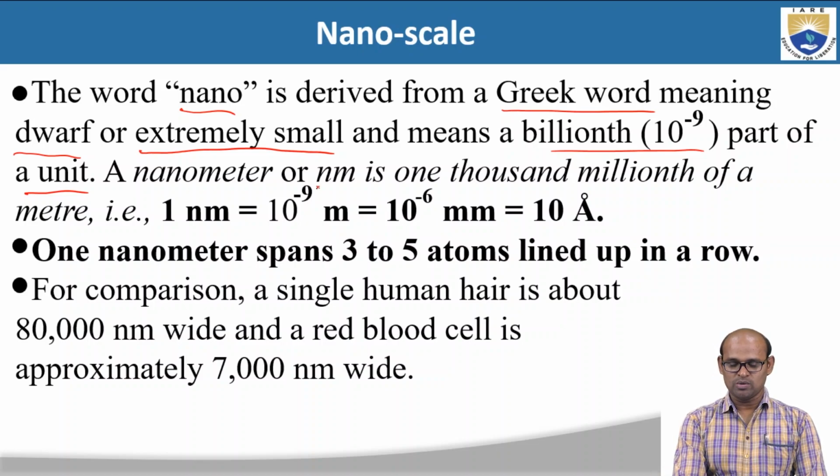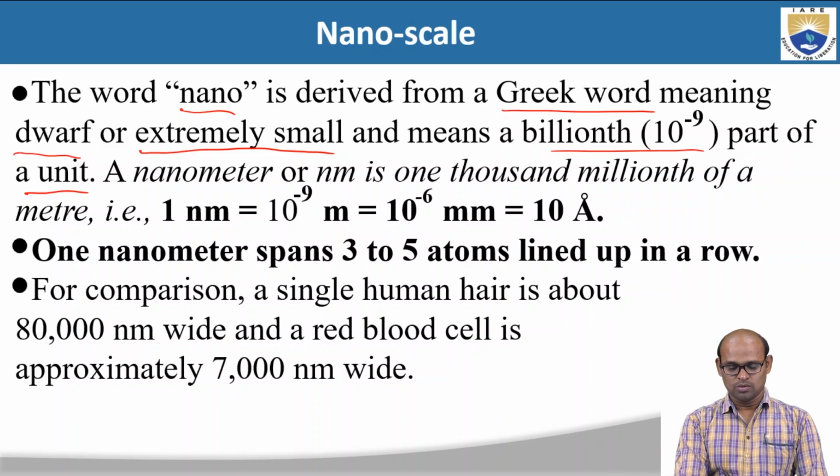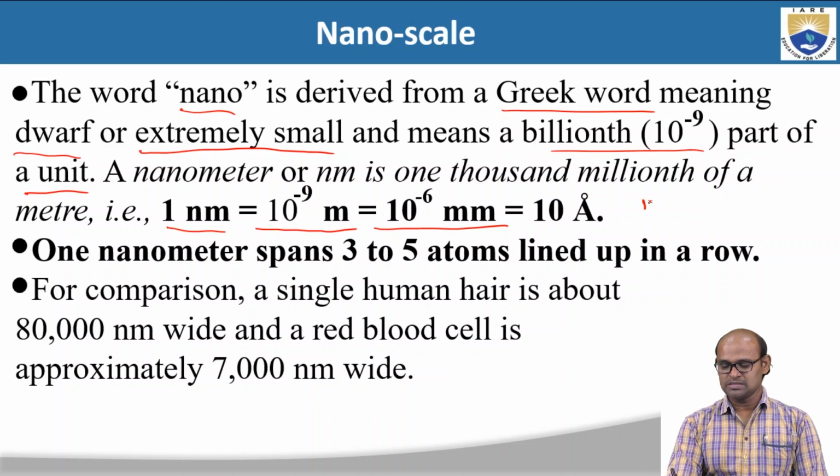A nanometer is 1000 millionth of a meter. That is, 1 nanometer is 10 power minus 9 meters or 10 power minus 6 millimeters. 1 millimeter is how many meters? 10 power minus 3 meters. So 1 nanometer, which is 10 power minus 9 meters, we can write as 10 power minus 6 into 10 power minus 3 meters.